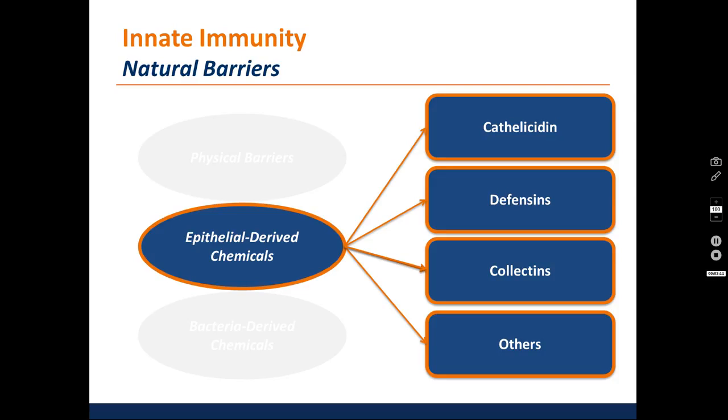Things like cathelicidins, defensins, and collectins are just a few examples of those chemicals that are created by epithelial cells to defend against invading microorganisms by creating a barrier where microorganisms can't necessarily grow as well as they should. They also, in some cases, actually destroy these microorganisms, so they not only create an inhabitable environment, they also will kill off the cells that don't belong as well.